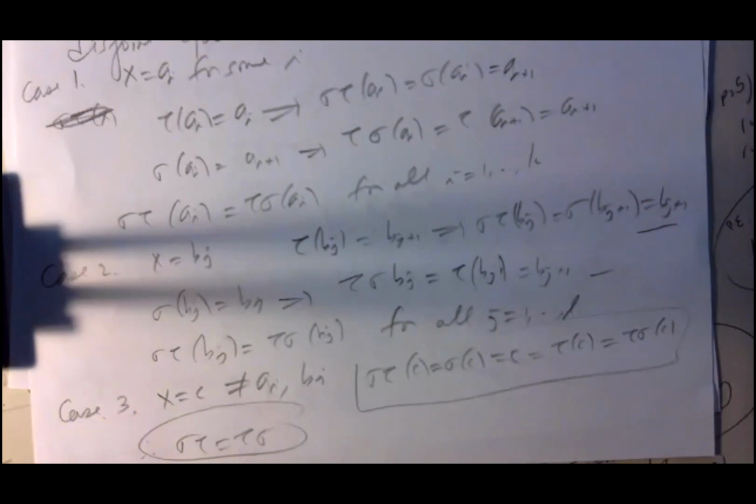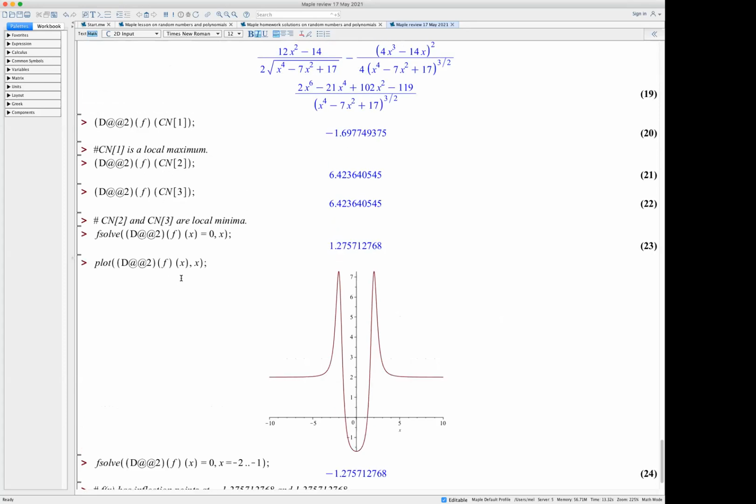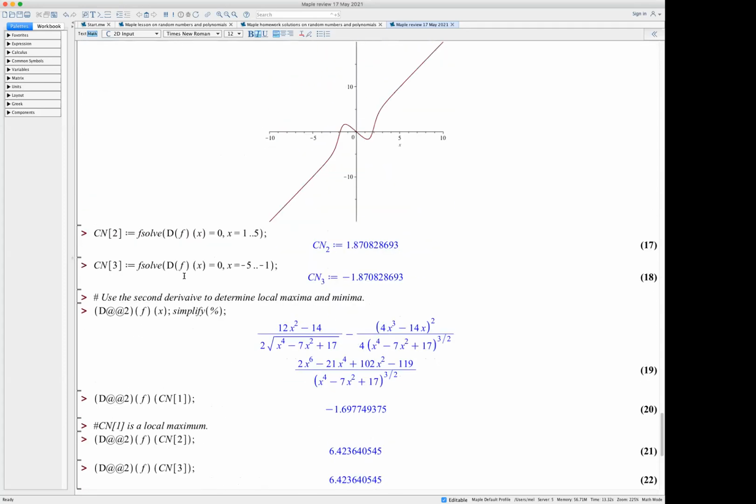Okay, let me get back to a Maple screen. Okay, number 15? No, sir. 16.